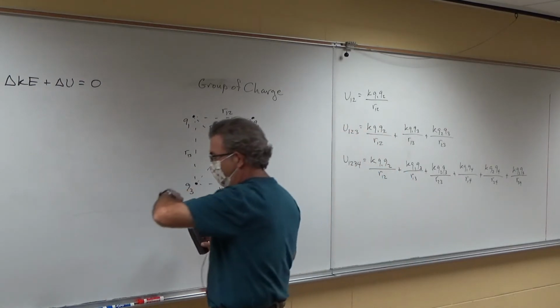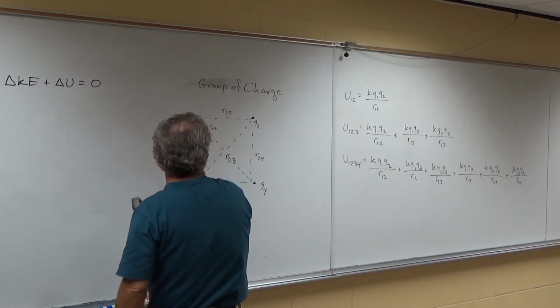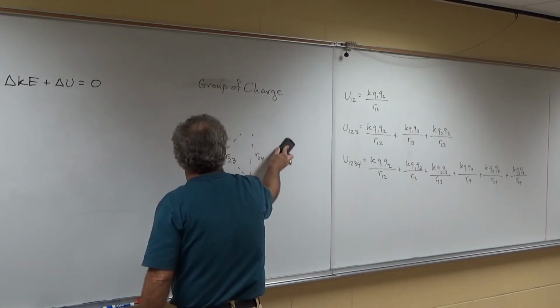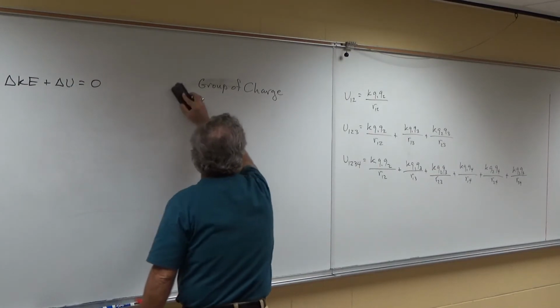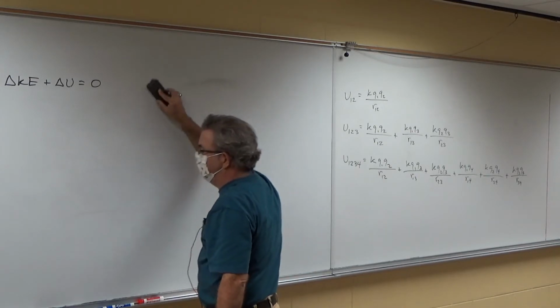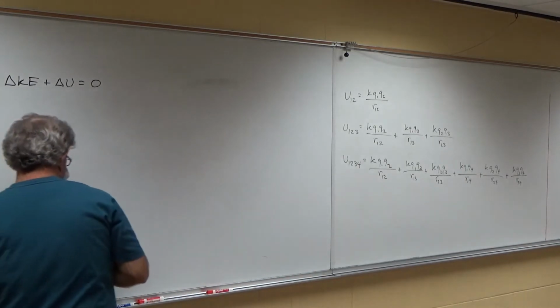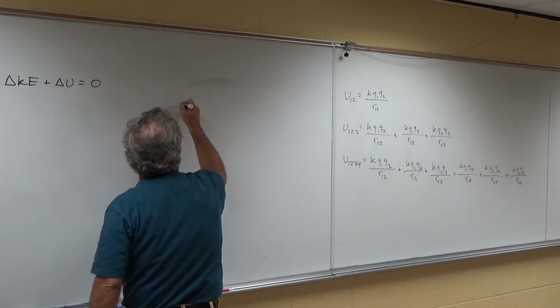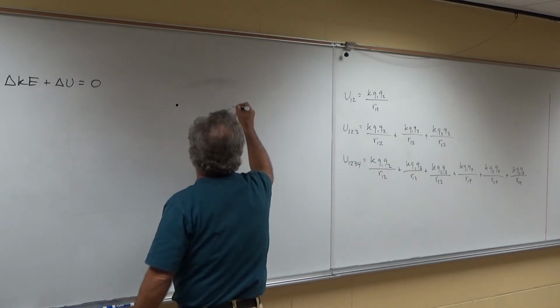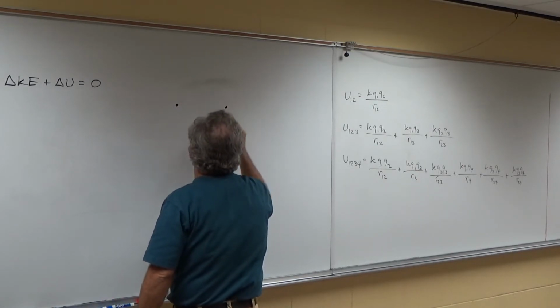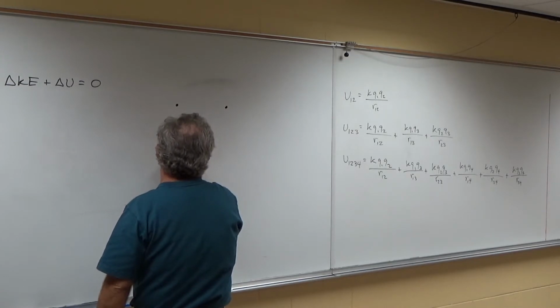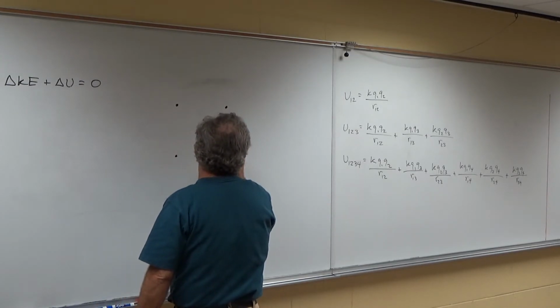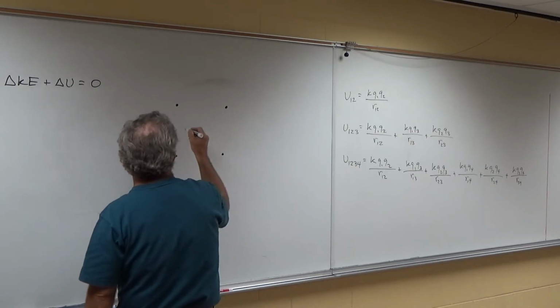So I'm going to do a calculation. Oh man, such a nice drawing. I've got to erase that. I'm going to do a calculation based on this. So let's say that I'm going to make it a little bit simpler than what I just had up there. Okay, so here are 4 charges.